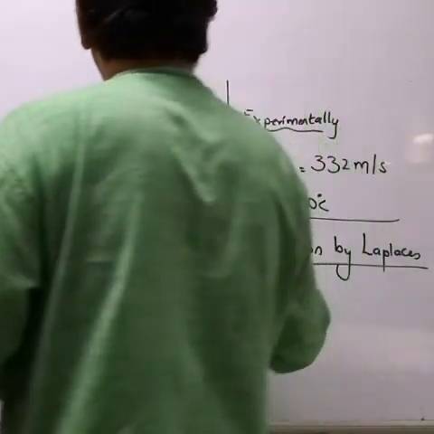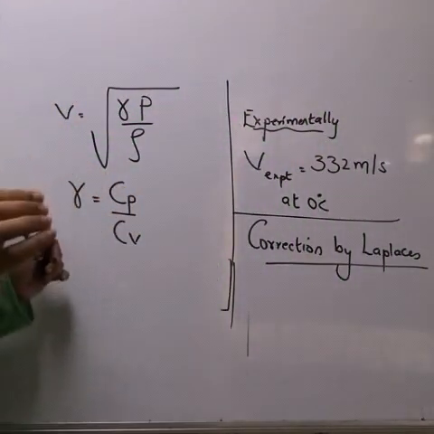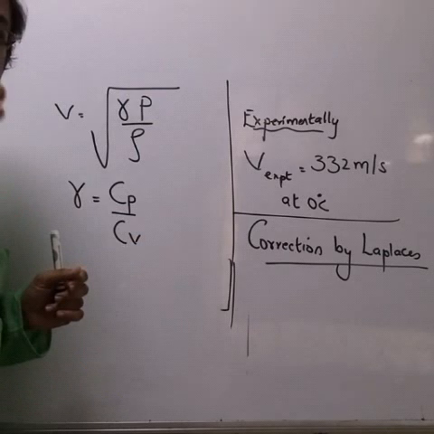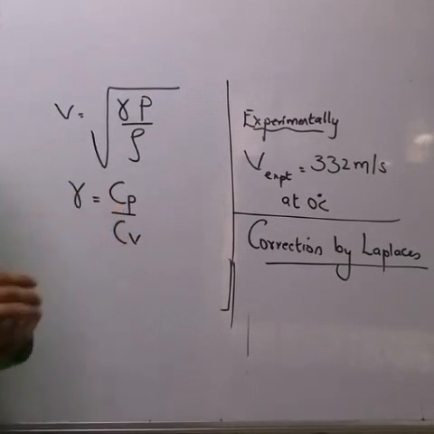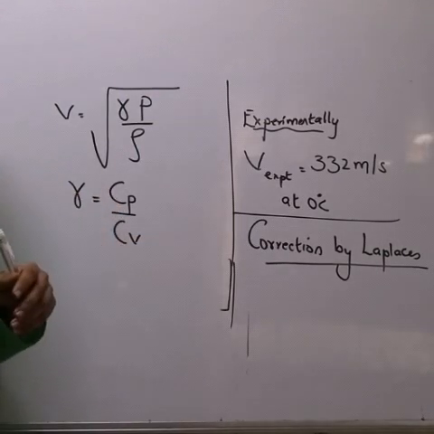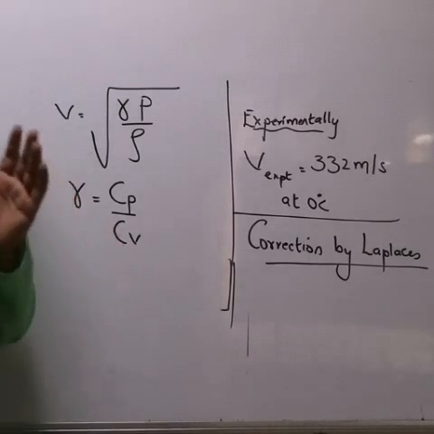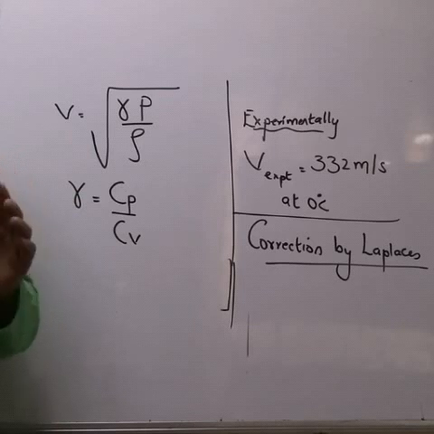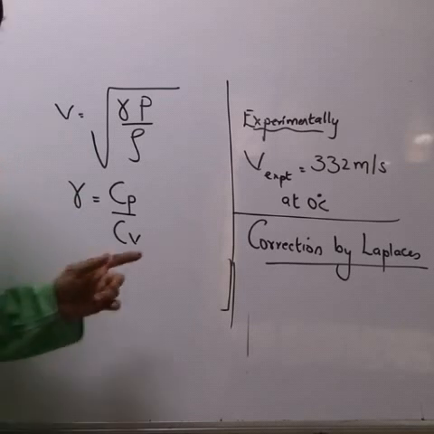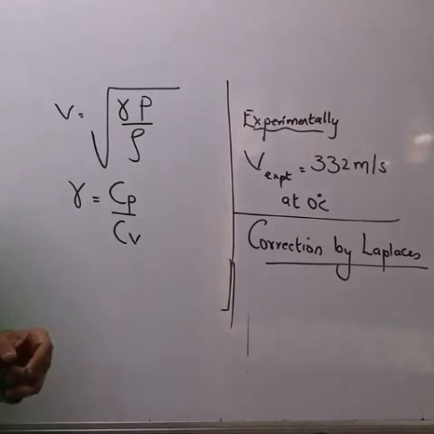Cp is the amount of heat required to raise the temperature of unit mass of gas at constant pressure through 1 degree Celsius. And Cv is the amount of heat required to raise the temperature of unit mass of gas at constant volume through 1 degree Celsius.